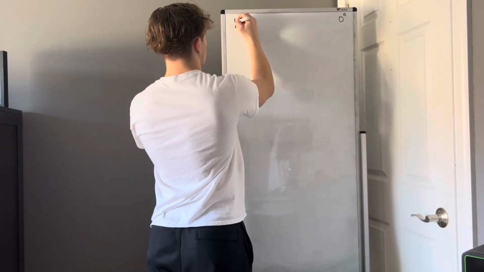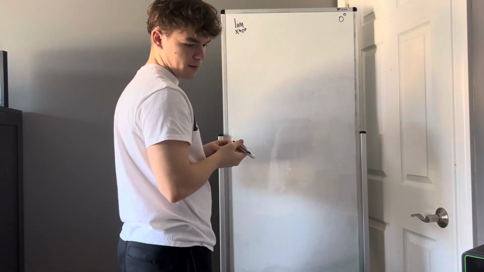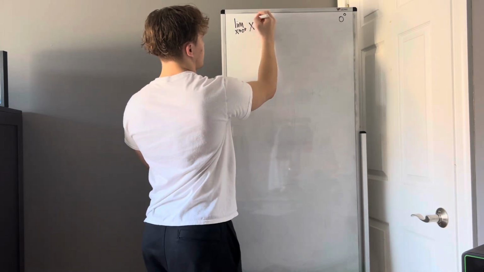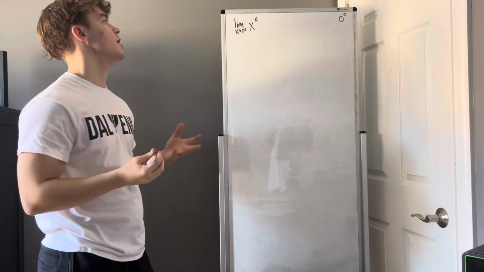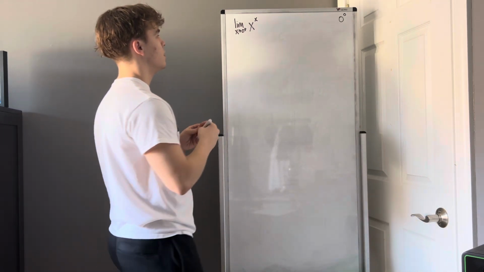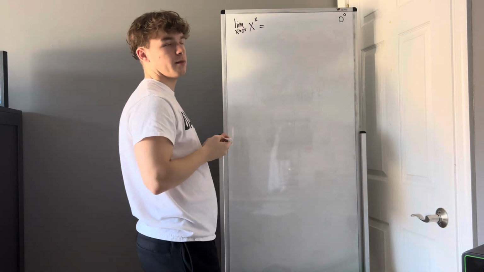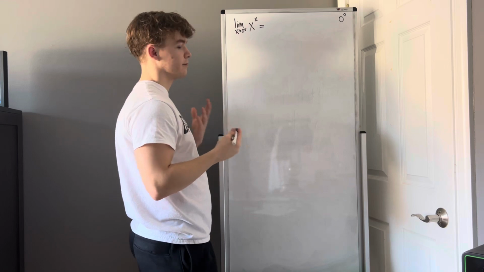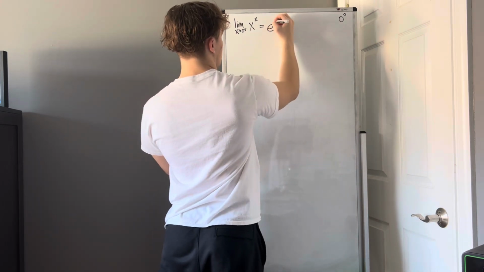Limit as x approaches 0 from the positive of x to the power of x. We can see immediately that's going to be 0 to the 0. So let's use our e to the ln strategy, I guess you could call it.